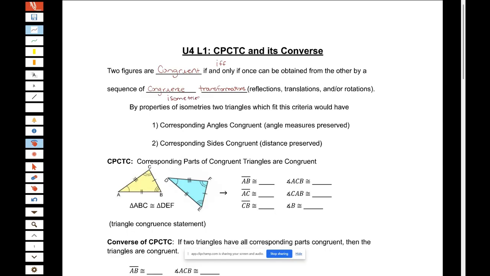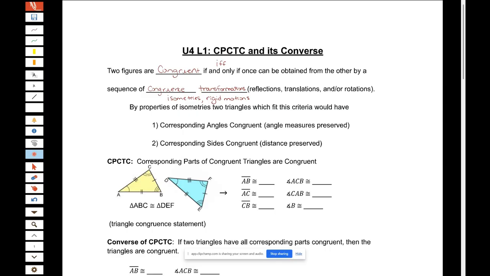That could go in the blanks. Or rigid motions. They all mean the same thing. This means that we are including reflections, translations, and or rotations to map one figure onto the other, showing that they are the same, that everything is preserved. Angle measures, side lengths, betweenness, collinearity, all of those things are preserved.